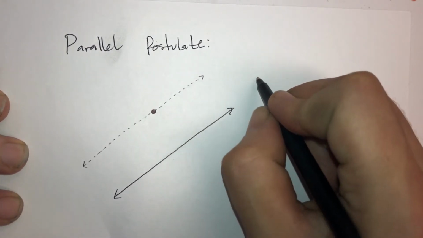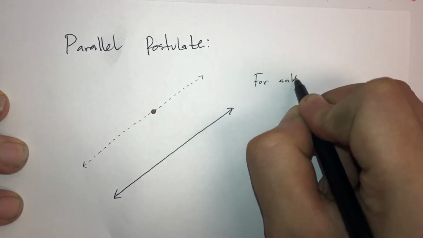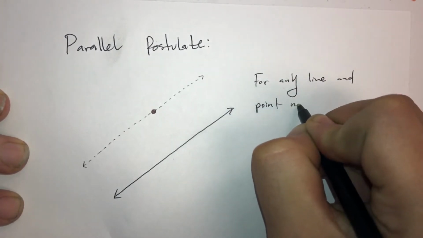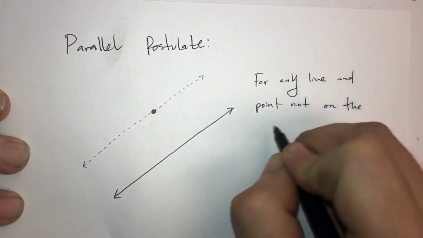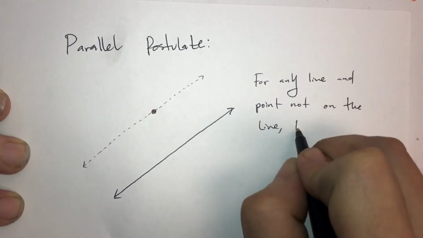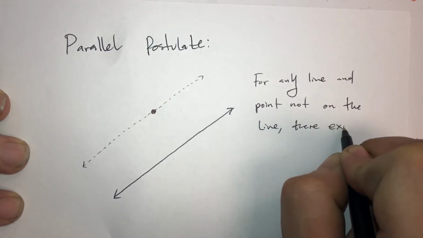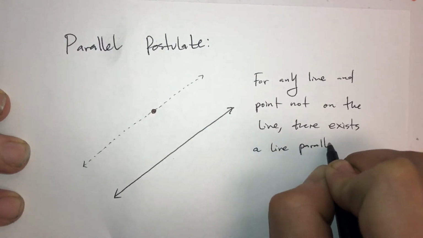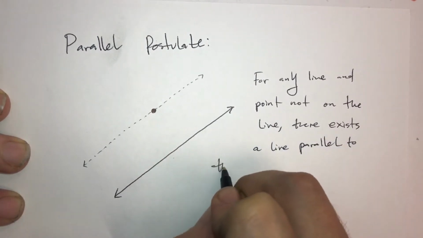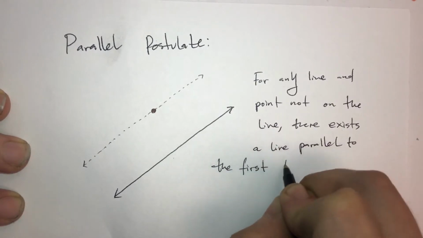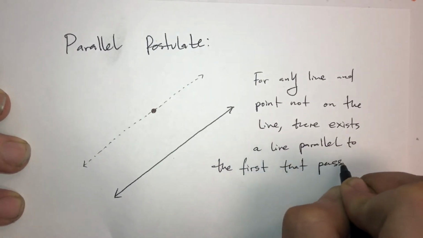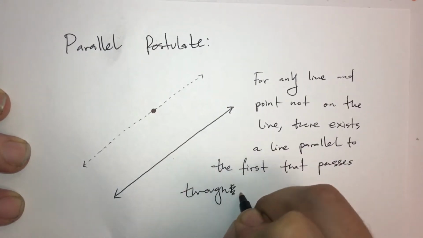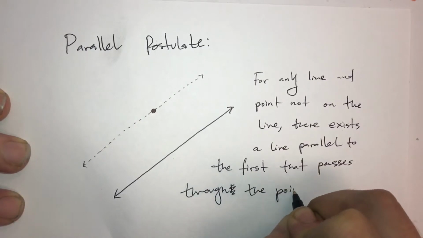The parallel postulate says that for any line and point not on the line, there exists a line parallel to the first that passes through the point.